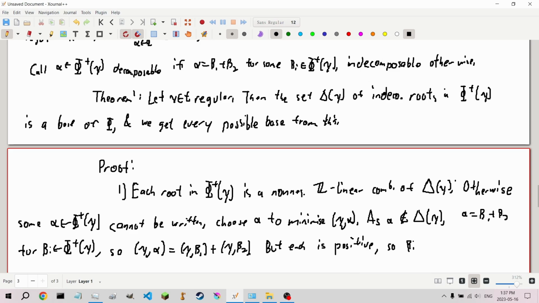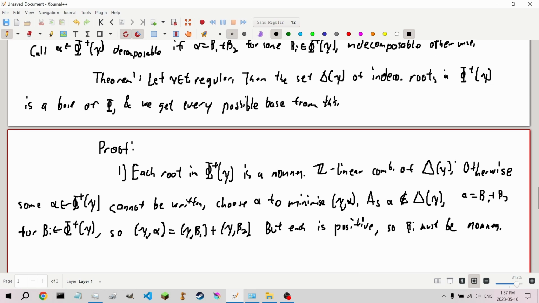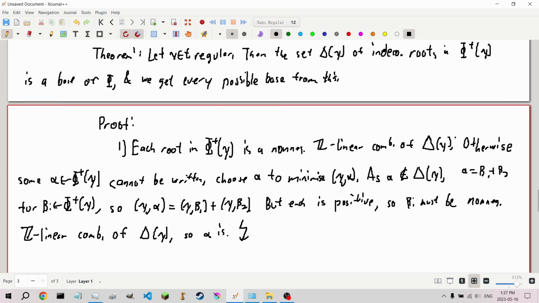So each beta i must be a non-negative Z-linear combination of delta of gamma. So alpha is too, a contradiction.